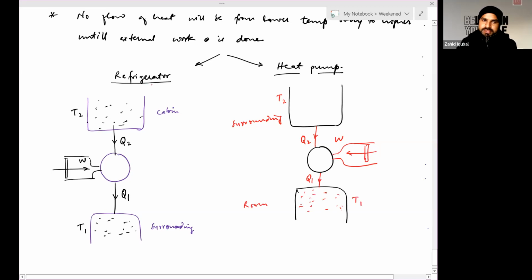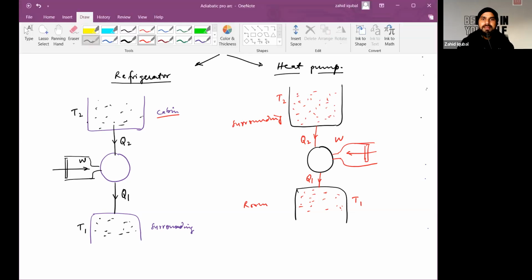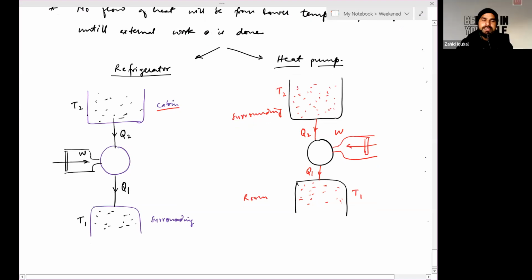So the refrigerator extracts heat to cool down the cabin, or region of interest, while the heat pump ejects heat into the room to warm it. But both work in the same manner and between the same source and sink. Is it clear? Yes, sir. Saifullah, any doubt?